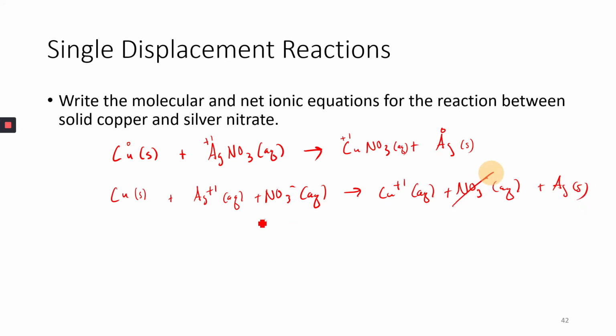So as I said before, your nitrates are your spectator ions. You can get rid of that. So your net ionic equation here is as such.